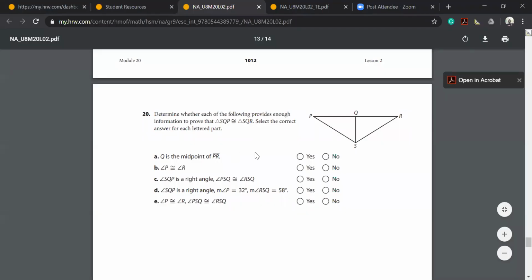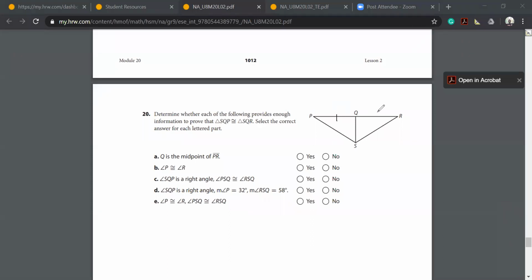For question A, Q is the midpoint of PR. Since I know that Q is the midpoint of PR, I can say that this is equal to this. So I know that this side is equal to this side and that SQ is shared in both triangles. Can I say using this that these two triangles are congruent?